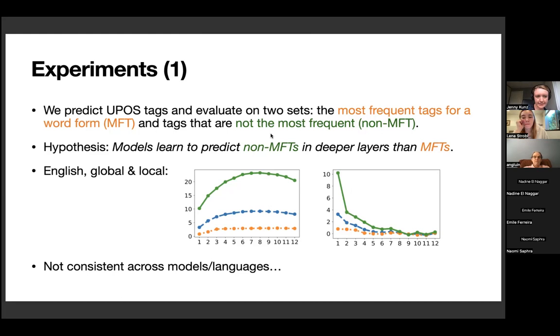The hypothesis for the hierarchical ordering of these tasks within the model is that models learn to predict the non-most frequent tags in deeper layers than the most frequent tags.